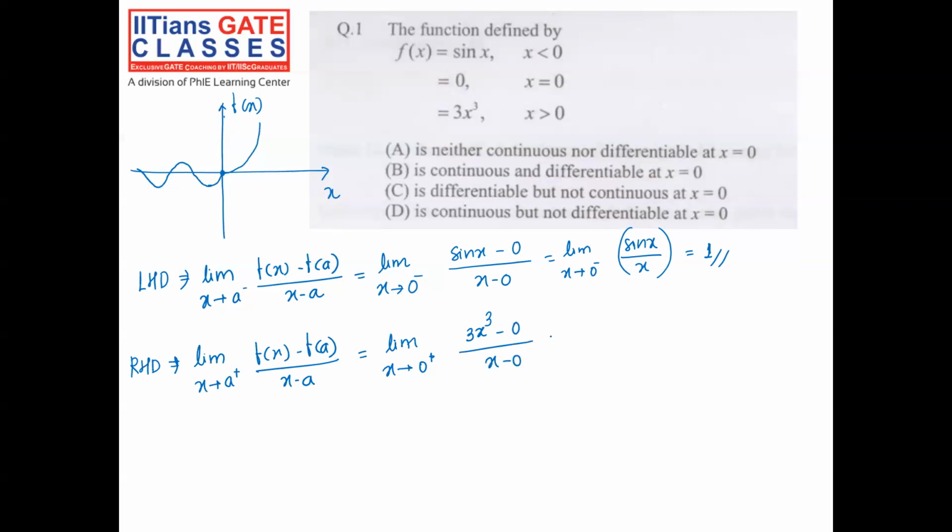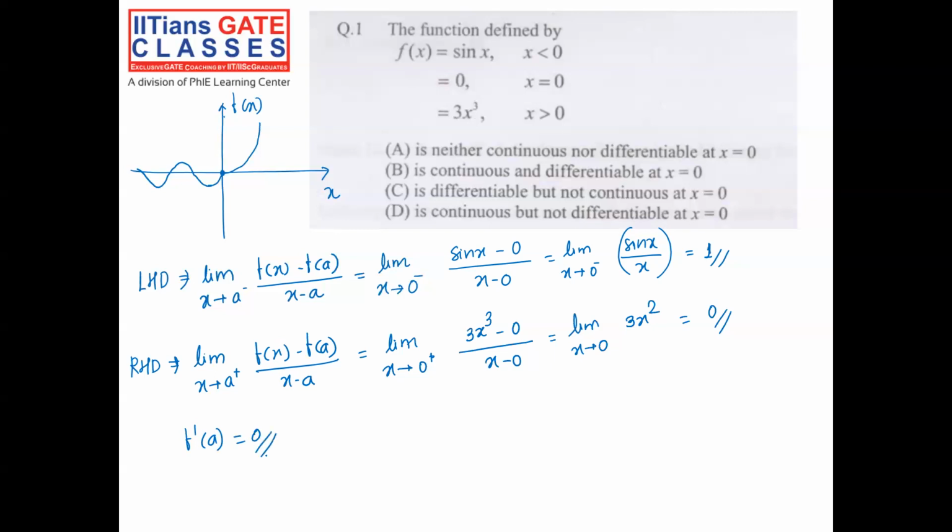If you solve it, you end up with the limit as x tends to 0 of 3x squared, and putting x equal to 0, you get 0. And what is f dash of a? f of a is 0, so f dash of a is also 0.